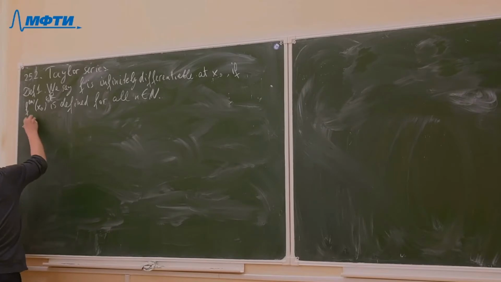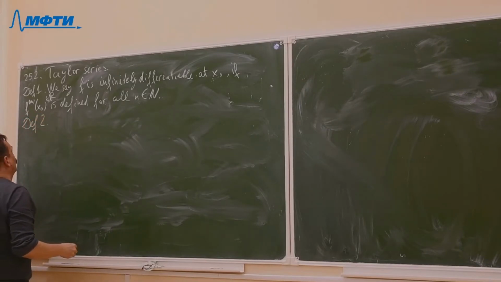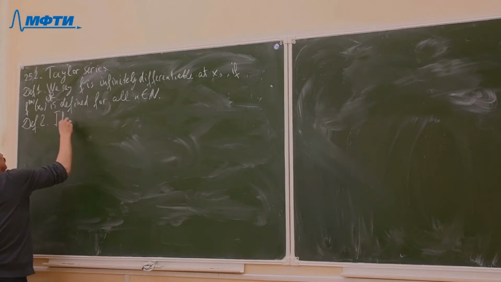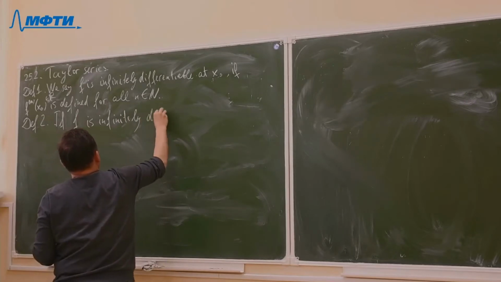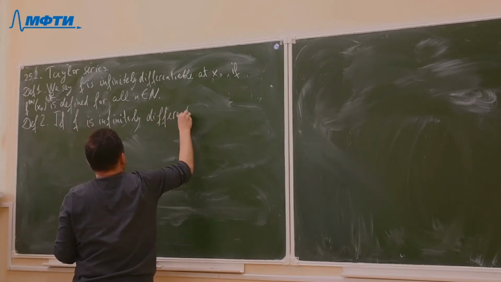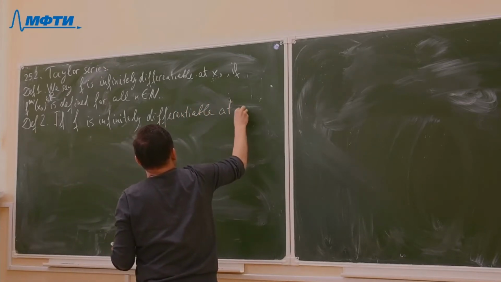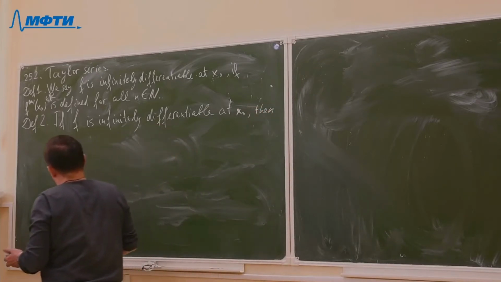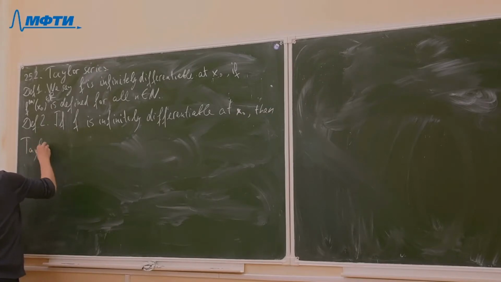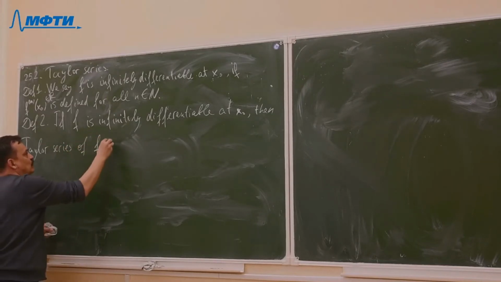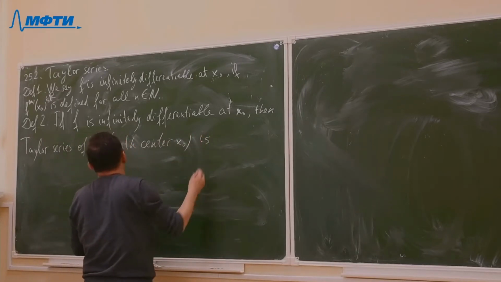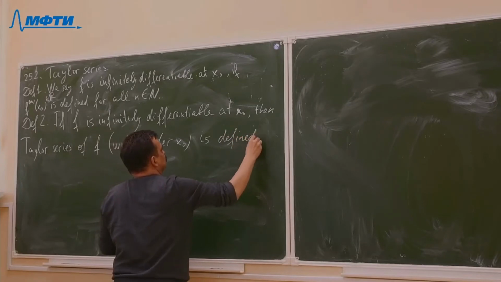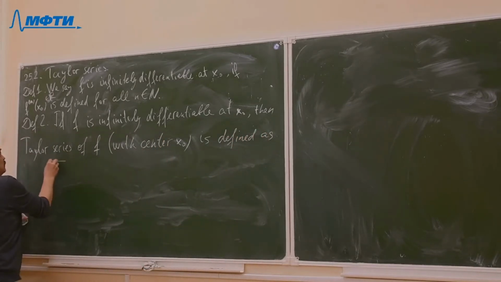So next, definition 2. If f is infinitely differentiable at x naught, then the Taylor series of f with center x naught is defined as follows.